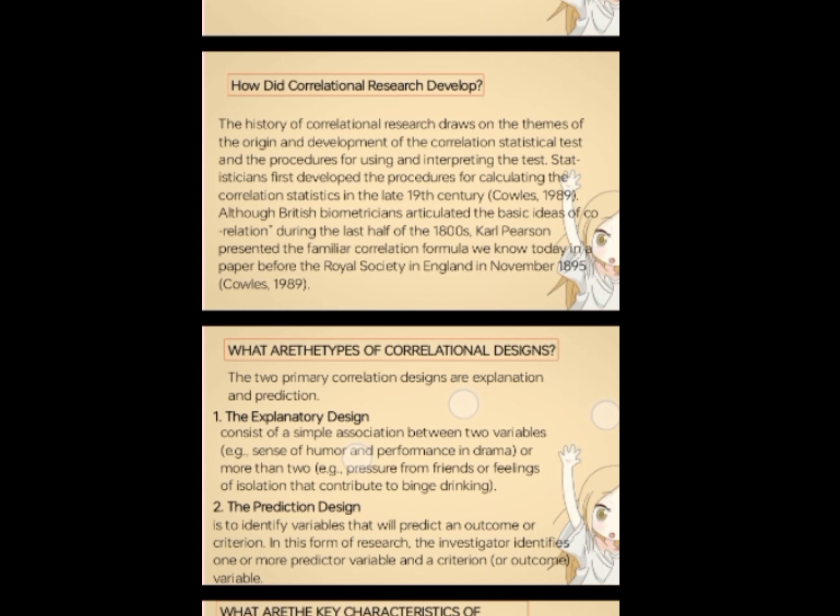For about 50 years, experimental procedures were more popular in research, but in 1963, Campbell and Stanley's work brought new attention to correlational research, though they saw it as less rigorous than experiments.